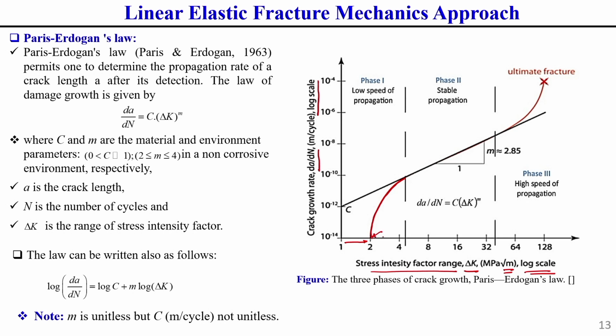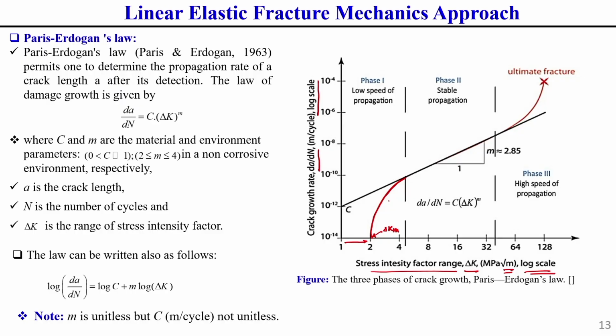The delta K we get at that location is called the threshold value of the stress intensity factor range. This you should keep in mind. From there the crack starts to grow. Up to a certain level, you can see the crack propagation rate is very slow.